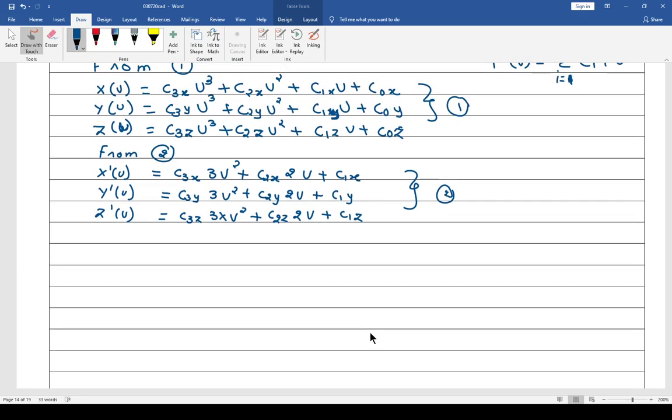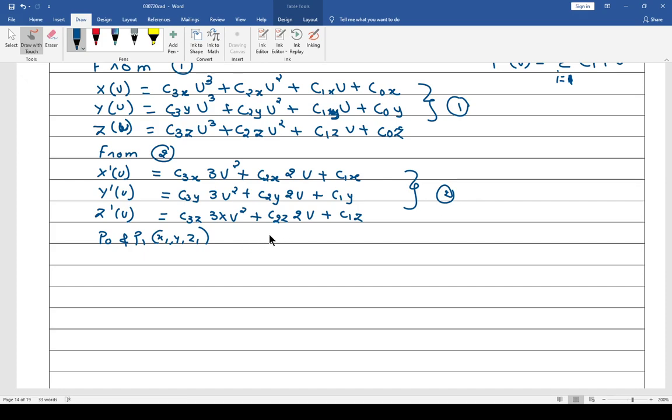Now what we are aware of are p0 and p1. These are my start and end point coordinates. Maybe p0 I can write as x0, y0, z0, and p1 as x1, y1 and z1.